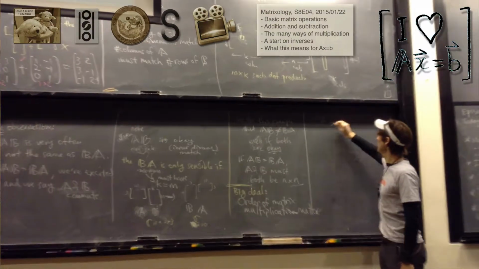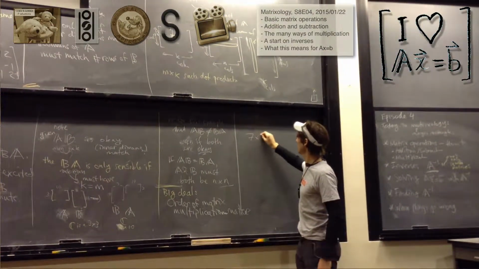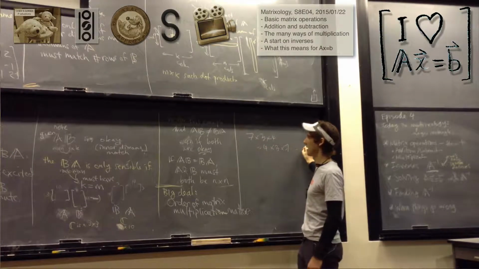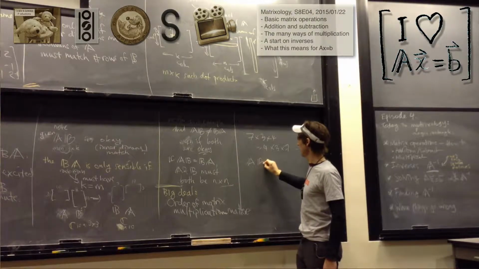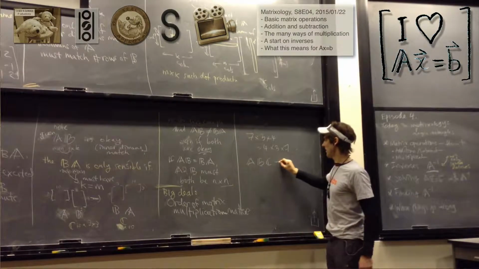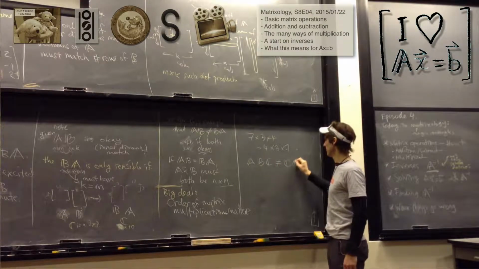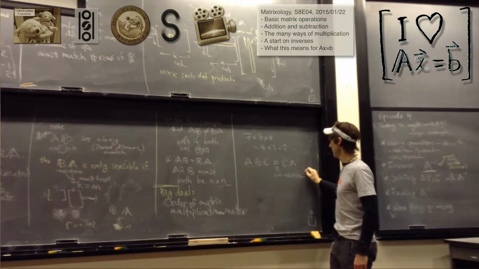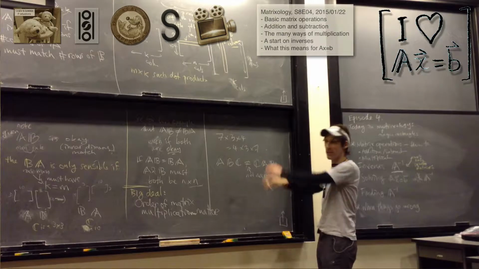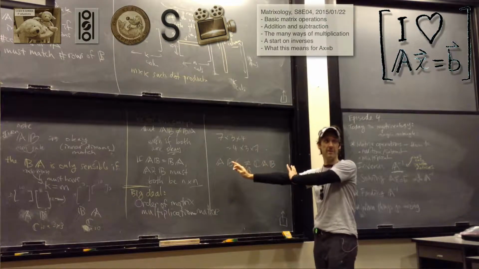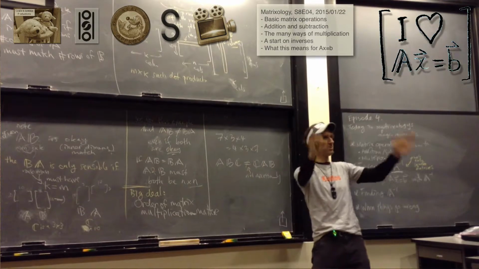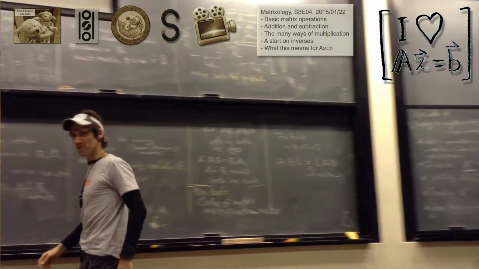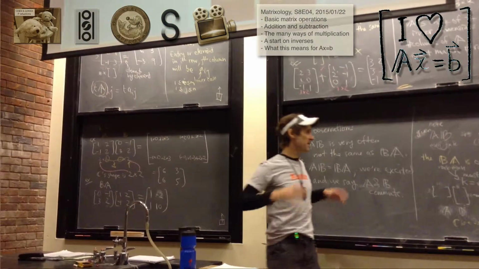Sure, 7 times 3 times 4 equals 4 times 3 times 7. Fine. You can do all these things. But with A, B, C, you can't just lazily say, oh, I'd like to put the C first. Only in special cases. We can't just slide them around. So none of that. Some of you will do it, and I'll have to say, no, don't do that. I've told you now, so please don't do it, so we don't have to have that conversation later on. OK. You can't do that.